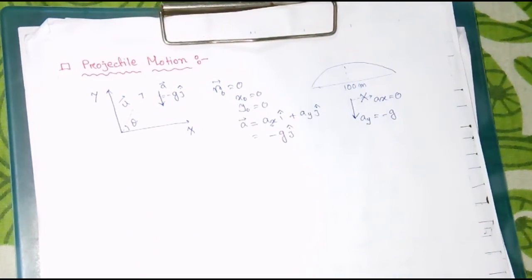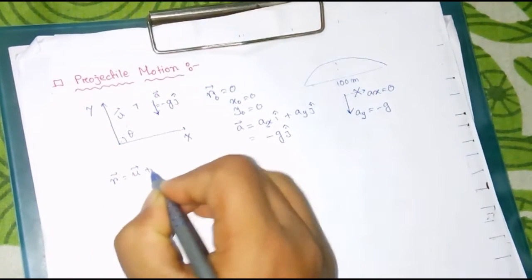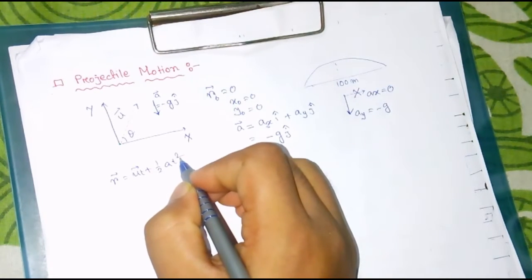Okay. Now we know that r equals ut plus half at square, isn't it?